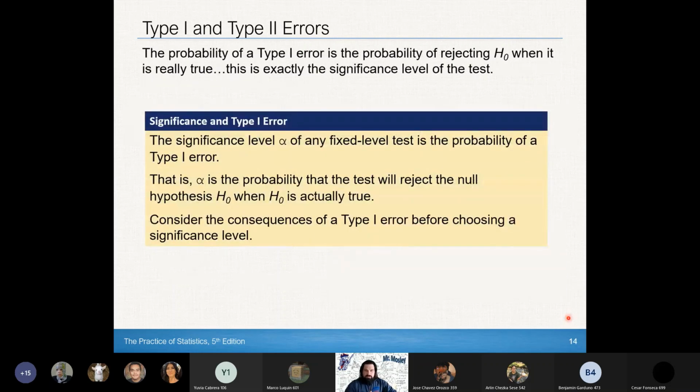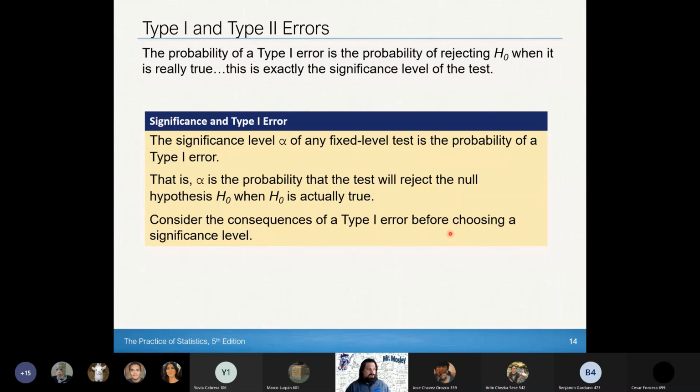When dealing with type 1 and type 2 errors, we can determine the probability of a type 1 error because it's the probability of rejecting H0 when it is really true, and this is exactly the significance level of the test. The significance level alpha of any fixed level test is the probability of a type 1 error. That is, alpha is the probability that the test will reject the null hypothesis H0 when H0 is actually true.